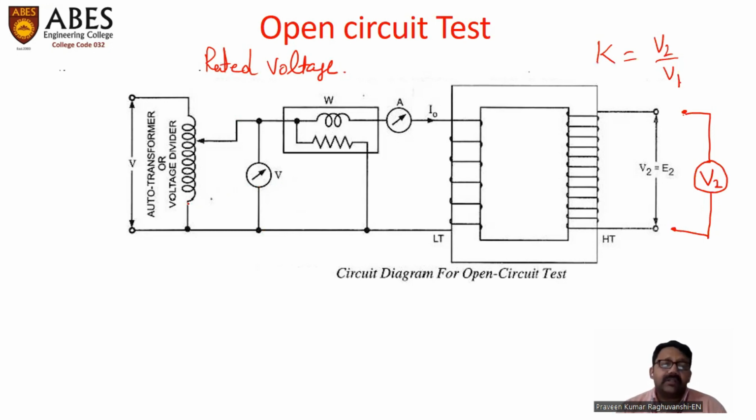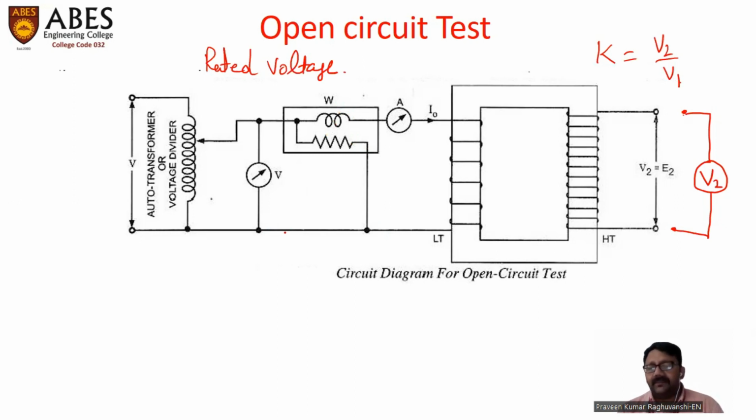We keep on increasing the voltage till the voltmeter reading is equal to the rated voltage of the primary side of this transformer. In this situation, we can assume that the wattmeter reading directly provides us the value of the iron losses. While performing the open circuit test, certain assumptions are made, and one important assumption is that we are neglecting the copper losses of the machine.